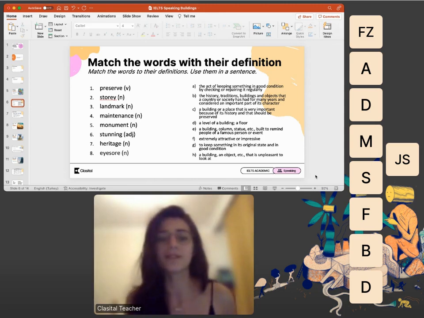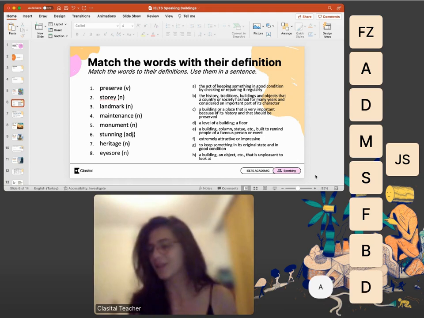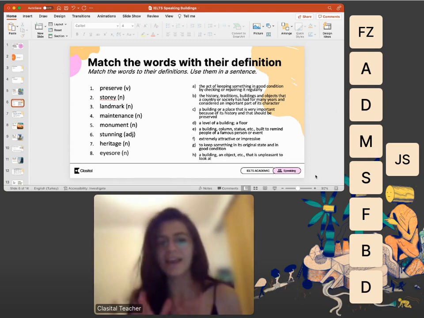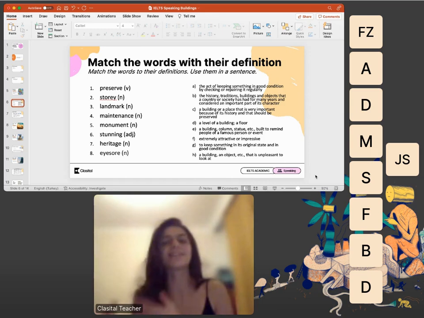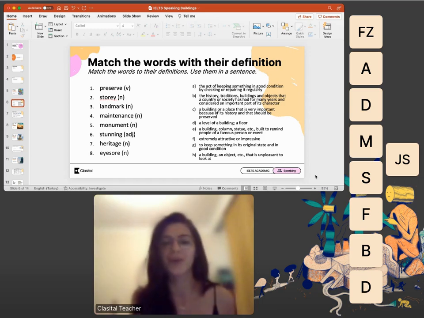What about maintenance? Yes, maintenance is A. So it's the act of keeping something in good condition by checking it or repairing it regularly. So we maintain it, which is the verb form of this word. What about a monument?